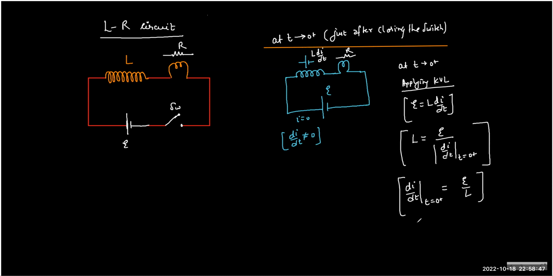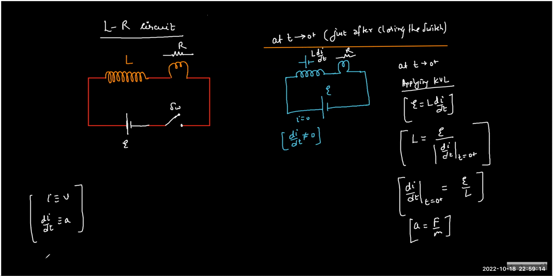And this is like writing acceleration as a equals F by m. It's so easy to remember, right? Yes, sir. Because if I is the velocity, then di by dt must be an acceleration, right? Yes, sir. So again, it is so easy. If someone asks you to find the acceleration at t equals 0, you know Newton's laws of motion, you can write a equals F by m.